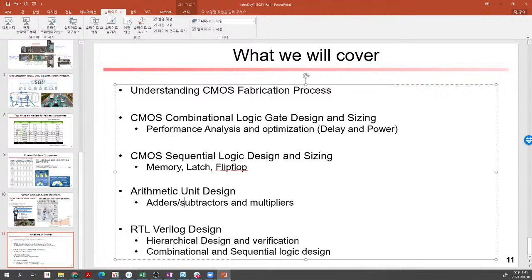and once we have learned all these arithmetic unit designs, we will move on to RTL Verilog design. In this register transfer level Verilog design, we write code for synthesis. Synthesis means you write some program, and the CAD tool automatically translates that code into all the combinational logic gates and sequential logic gates.